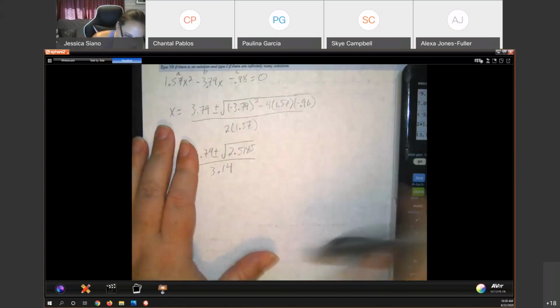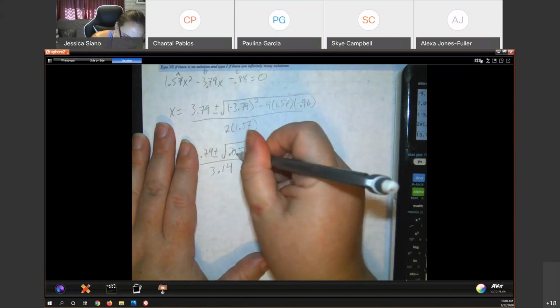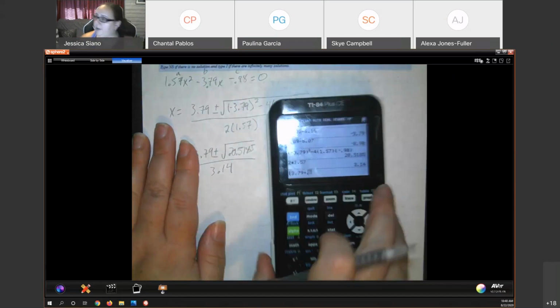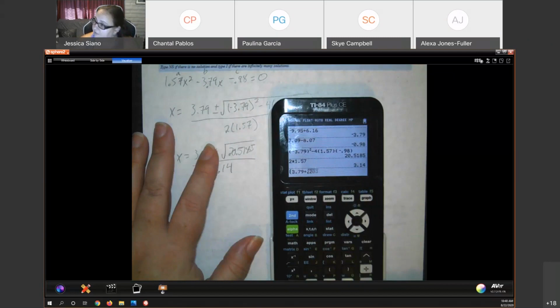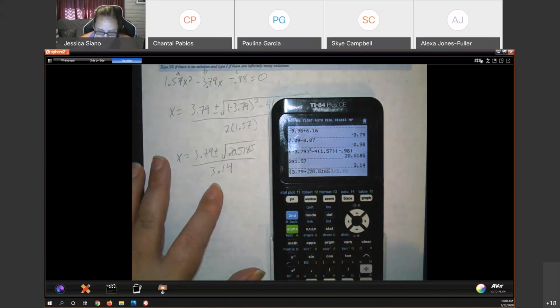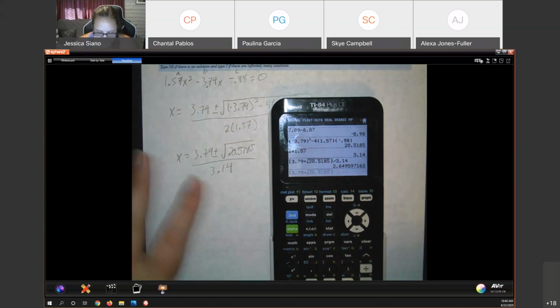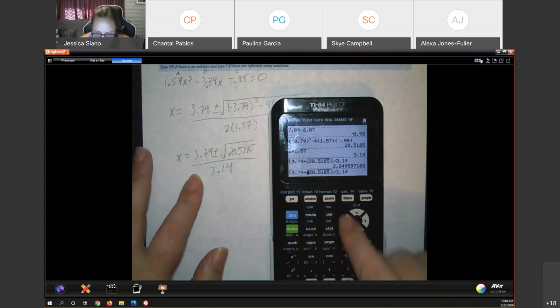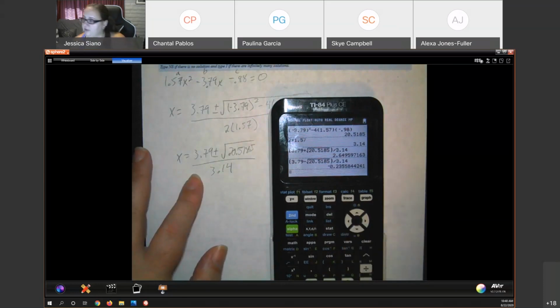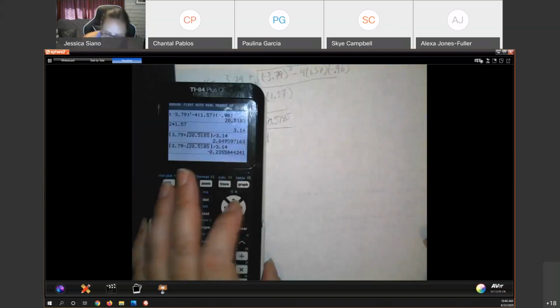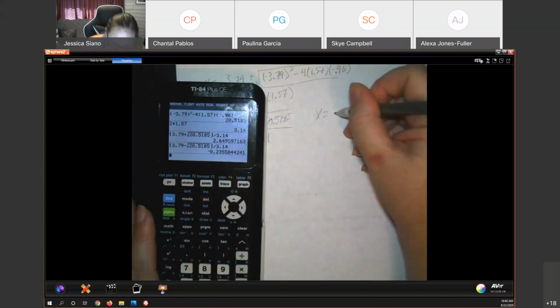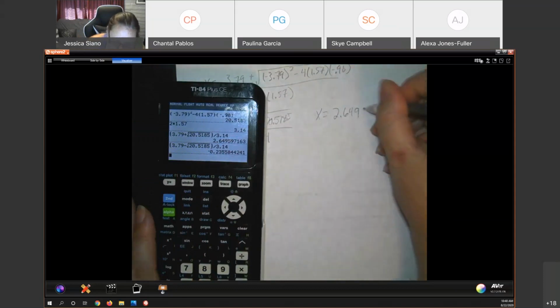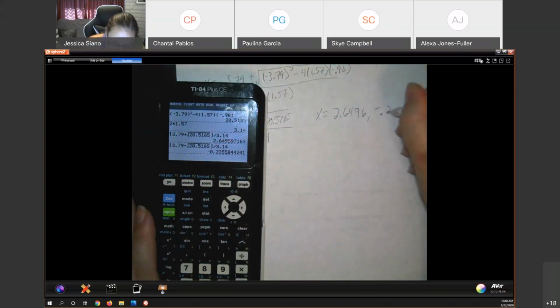Let's fix it. 20.5185 divided by 3.14. And then we want the same thing, but with subtraction in between. So that was second enter again. So my two values here are 2.6496 and negative 0.2356.